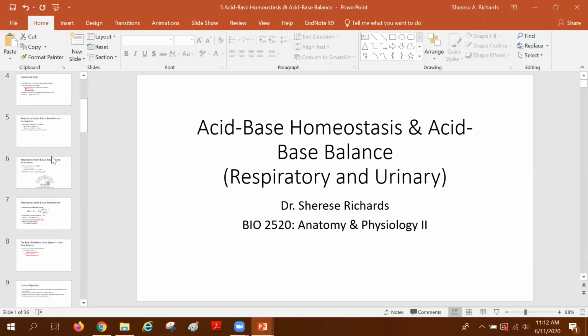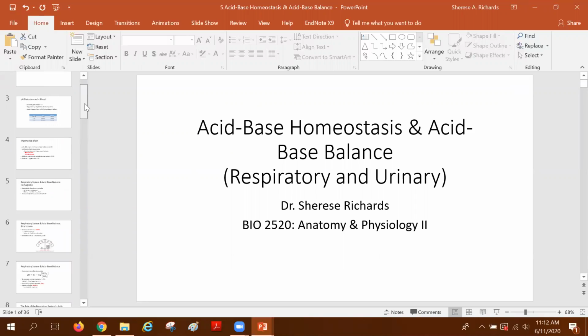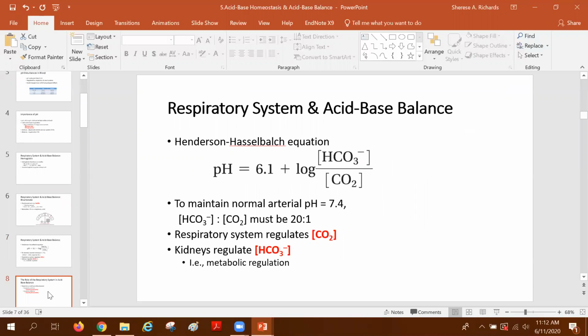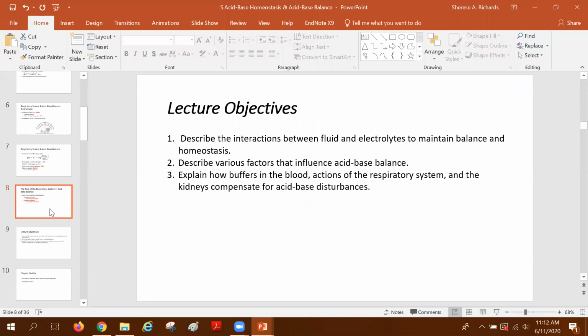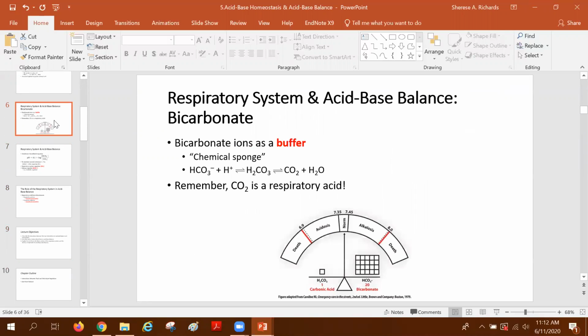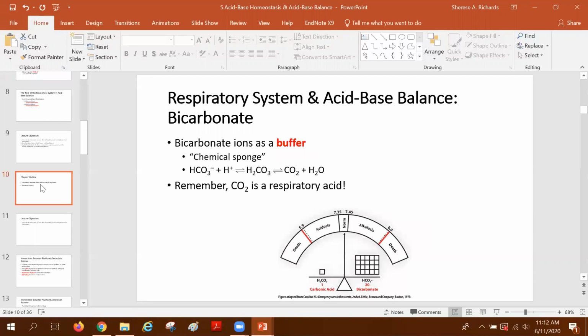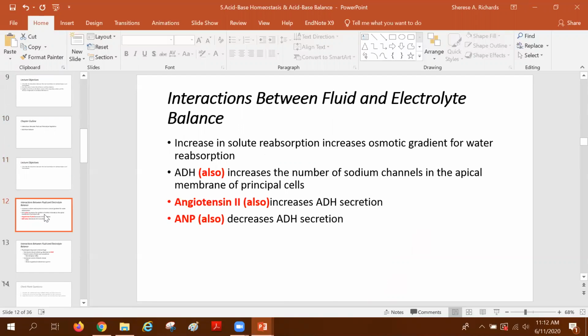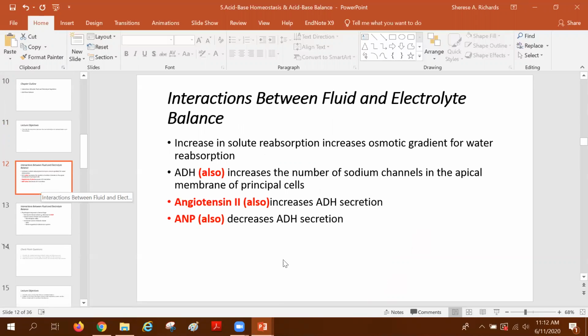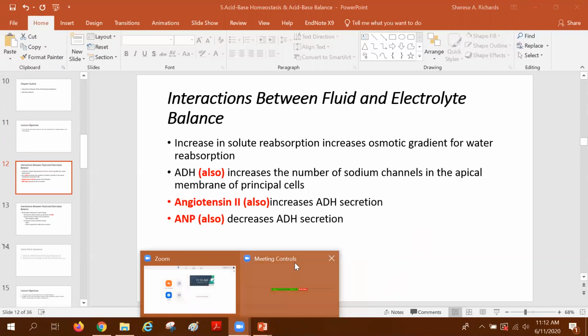So I believe slides 1 through 9. Yes, you would have covered this with Dr. Schlater, which is the respiratory component of acid-base, and we're going to pick up with the end of the packet, which is the urinary component of acid-base, okay?